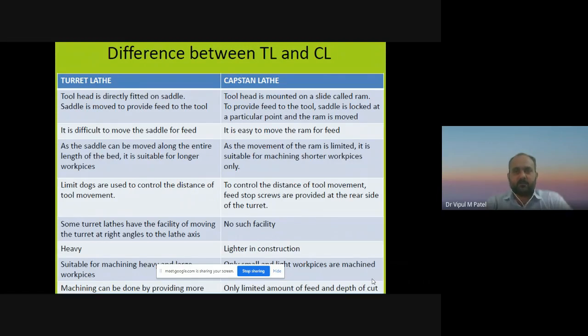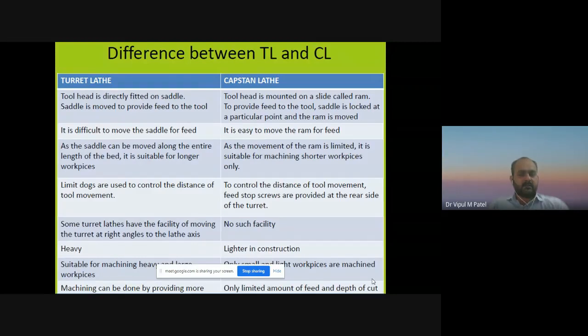In industry, the uses of the turret lathe and capstan lathe are very important to perform different types of operations and to prepare different types of jobs and workpieces, right? This is an important question, and it has already been asked in the GTU final examination: the difference between the turret lathe and capstan lathe.